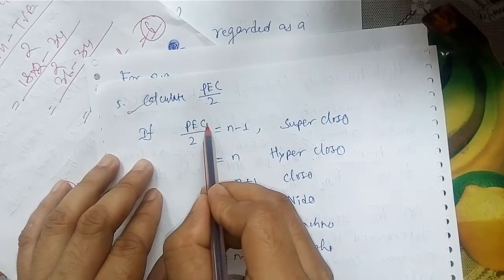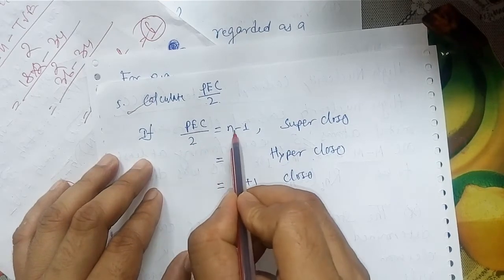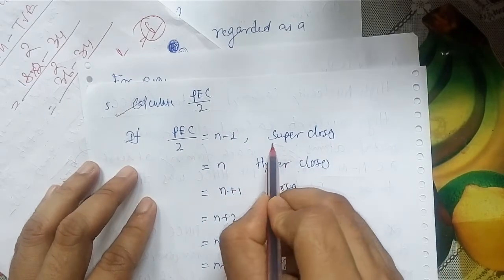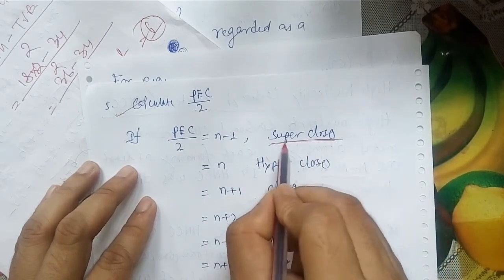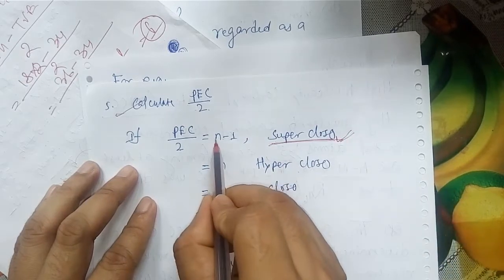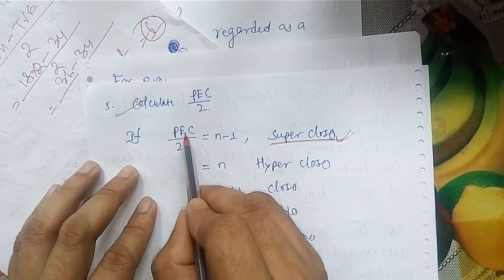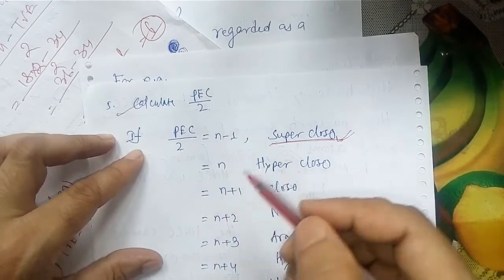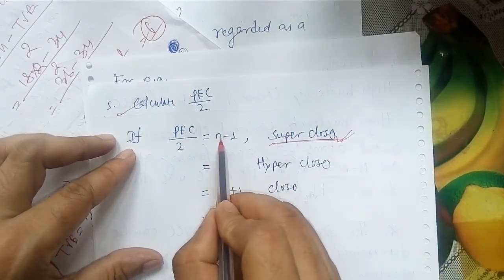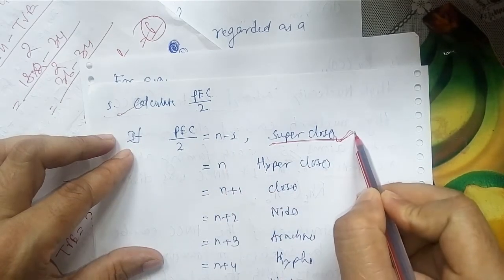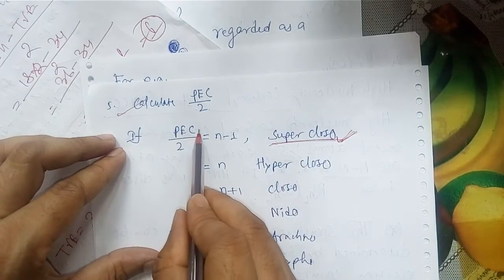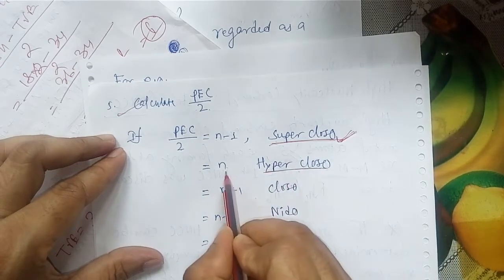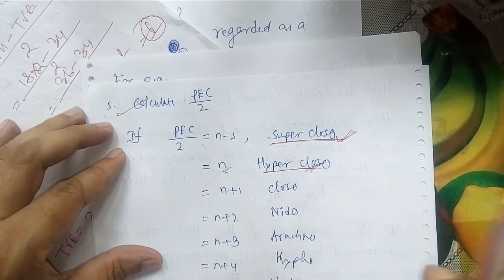If the polyhedral electron count divided by 2 equals n minus 1, then you can consider it a superclozo. That is, polyhedral electron count divided by 2, or skeletal electron pairs, equal to n minus 1 means superclozo. If it equals n, then hyperclozo. Understood?